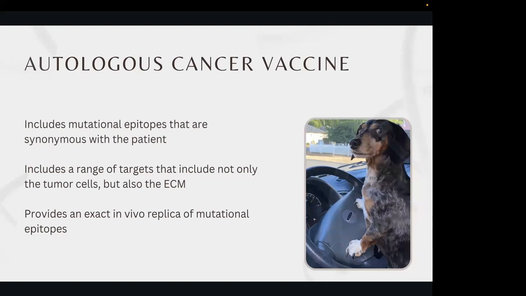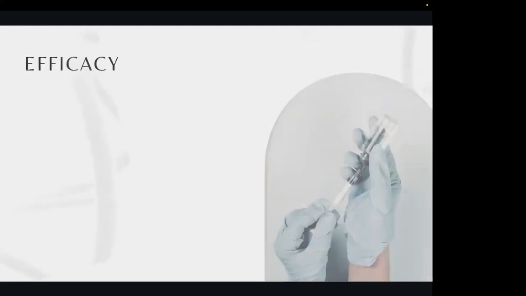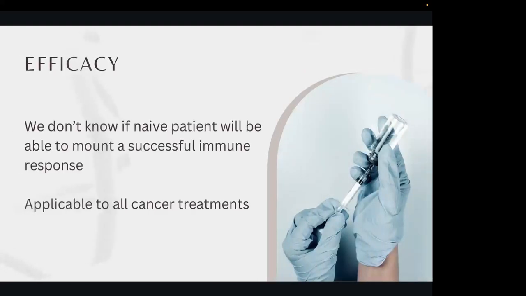Autologous cancer vaccines provide an exact in vivo replica of mutational epitopes. So, do they work? Well, yeah, they work, but just like with the melanoma vaccine, it seems to work for some and it doesn't work for others.